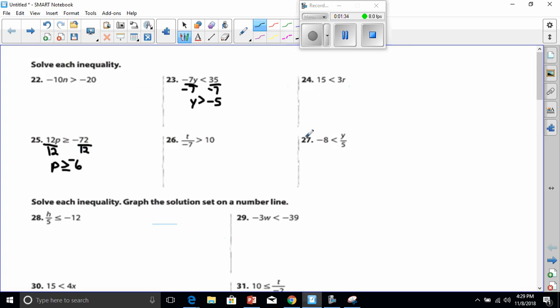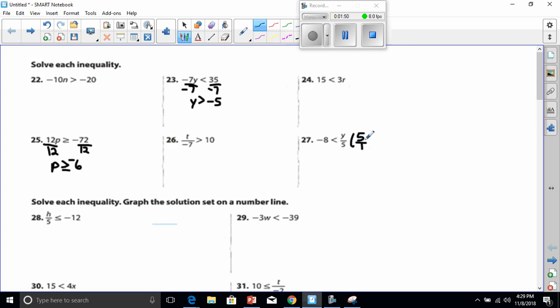All right, number 27. This time I got y over 5 is greater than -8, or -8 is less than y over 5. I'm dividing over here, so I have to multiply by 5 over 1.